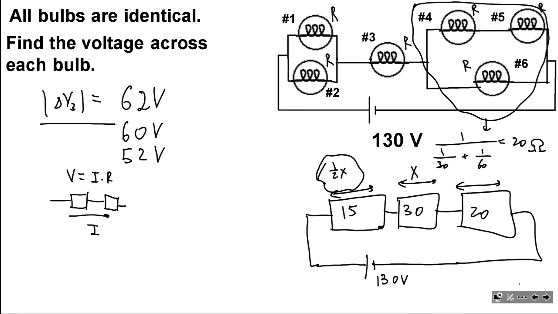Yes, I have to take 30, divide it by 3, and then multiply by 2. But, as we know, if we add all those voltages together, what number should it be equal to? 130.